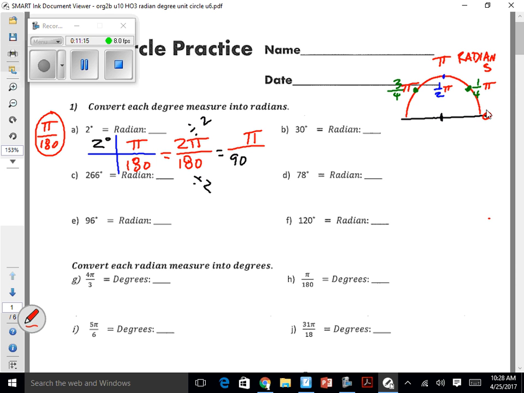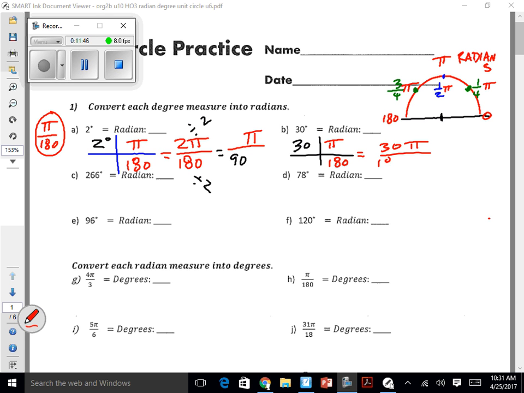When you get all the way over here, you're actually getting to 180 degrees. I saw it on people's papers, so I'll just write it really fast. 30 times pi over 180. Rewrite that: 30 over 180.